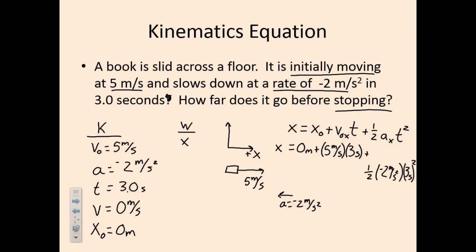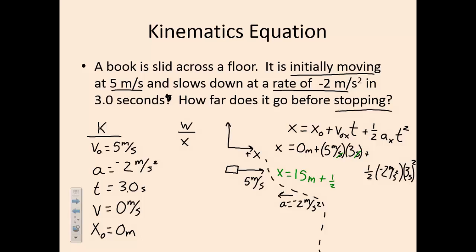Now, 0 meters, we can get rid of that because that's just 0. I'm going to put a dotted line here so we can see what's going on. So x equals 5 times 3 is 15. Seconds on the bottom cancels with seconds on the top, so the unit there is meters. Plus 1/2 times -2, that's -1, times 3 squared. First, let's take care of the squared because that's a little annoying.